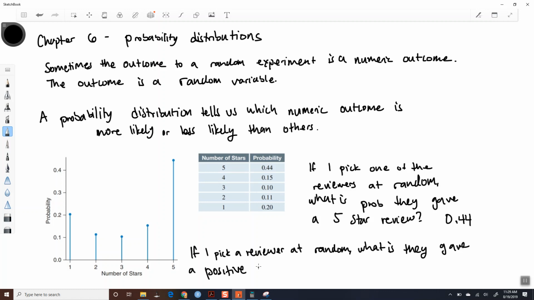Positive is 4 or 5 stars. Okay, and so for that you would add 0.44 plus 0.15, and we get 0.59.